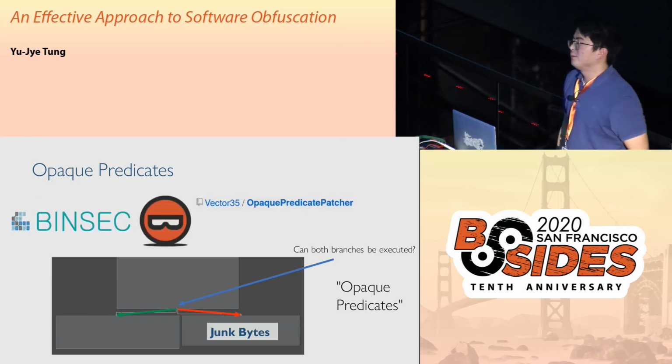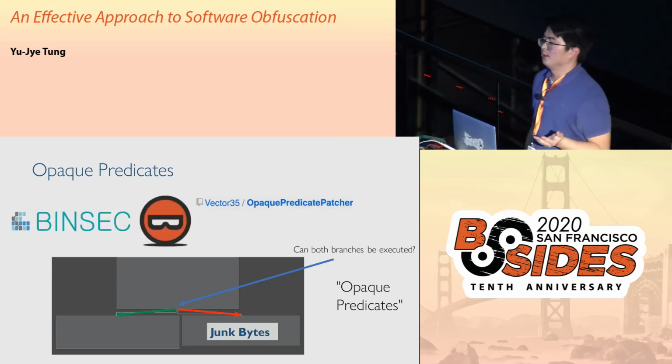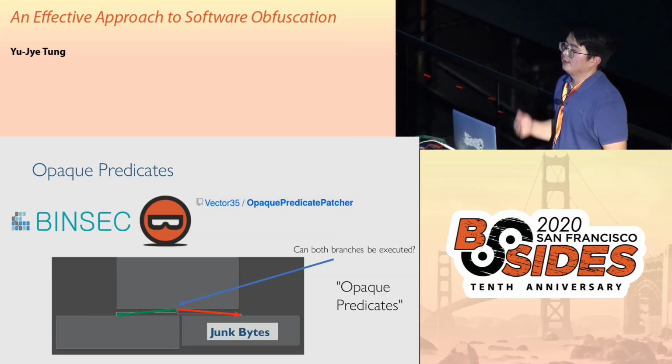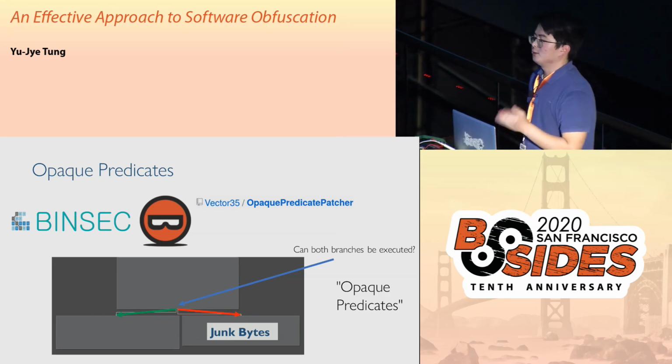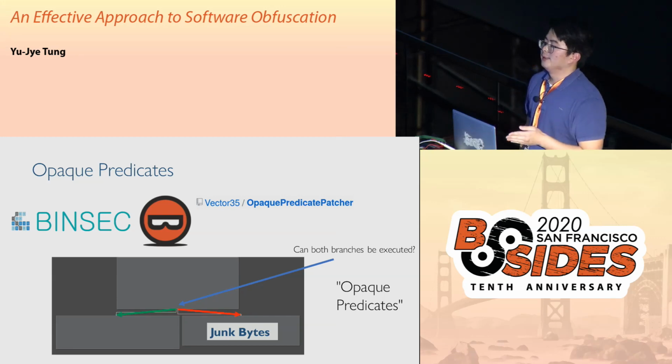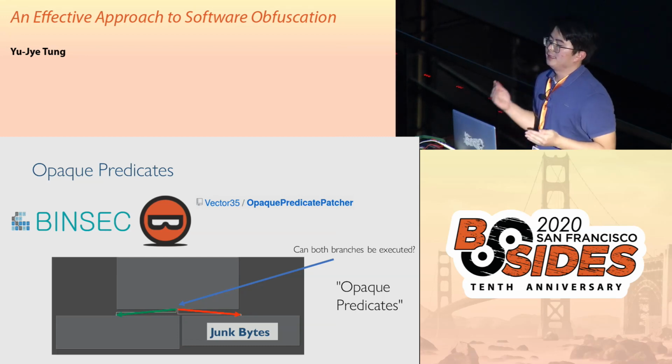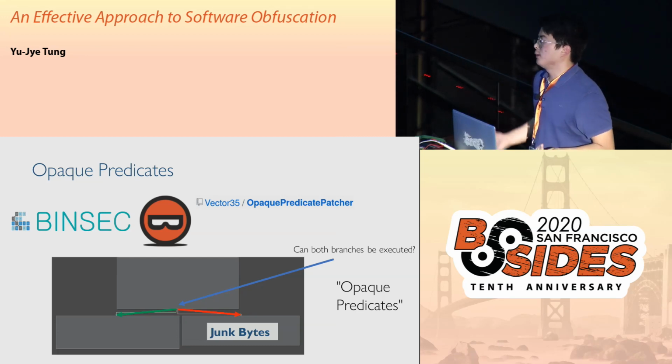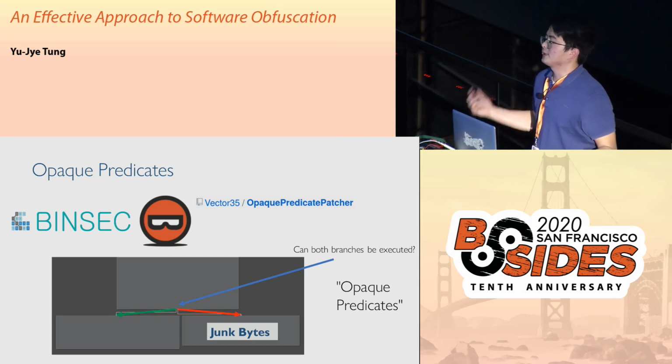Other than IDA Pro, there are also other tools that try to automatically identify opaque predicates, including BinSec and also a Binary Ninja plugin called Opaque Predicate Patcher. The way they work is that at every if statement, they ask the question: can both branches be executed?